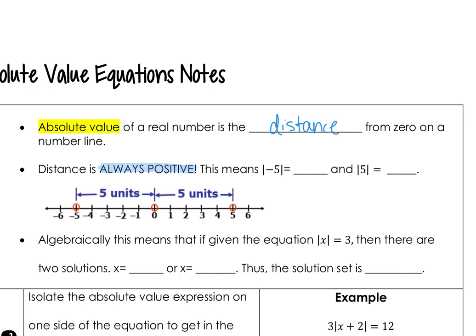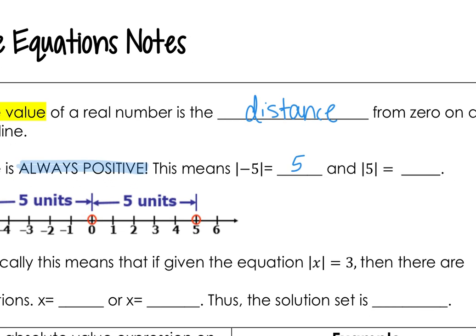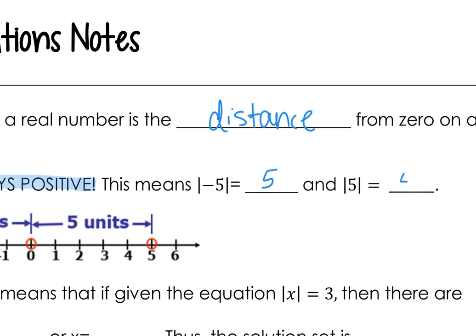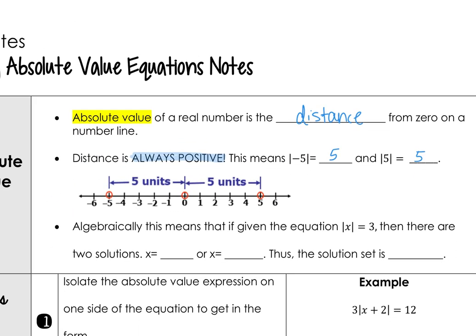Therefore, the absolute value of -5 is 5, because absolute value just means how far away is it from 0. Doesn't matter that it's to the left, it just matters how far away it is. And it's the same thing if I give you the absolute value of 5. From 0 to 5, how many units away is that on the number line? It's 5. So the absolute value of 5 is 5, and the absolute value of -5 is also 5.